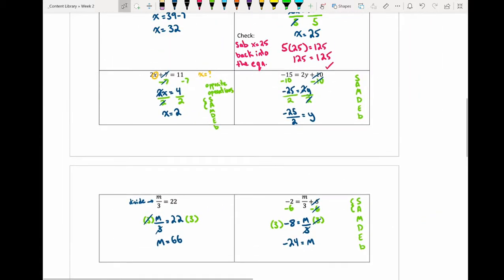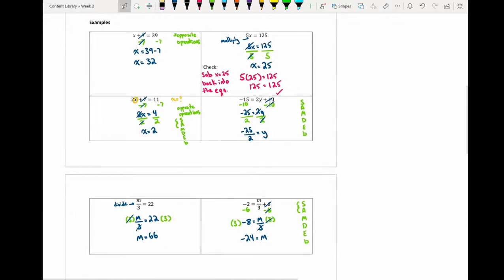So again, the key thing here is to do the opposite operation to cancel things out. And the goal is to get the variable, or the letter, by itself. In order to do that, you need to cancel things out by doing the opposite operation. It's quite simple when you only have one step.